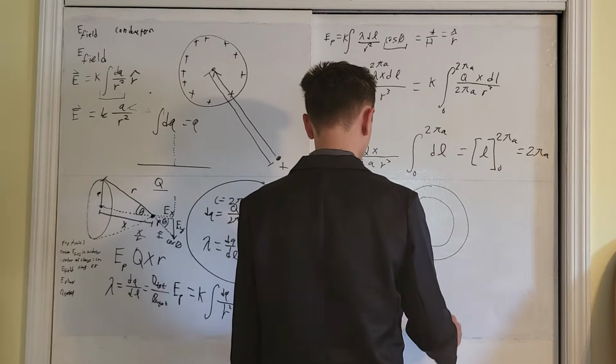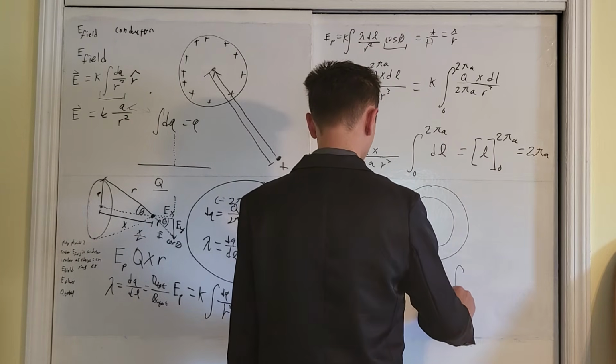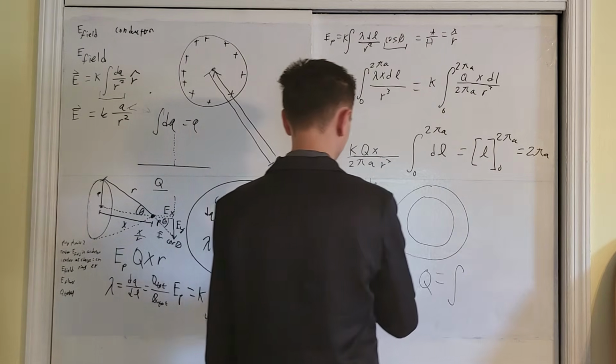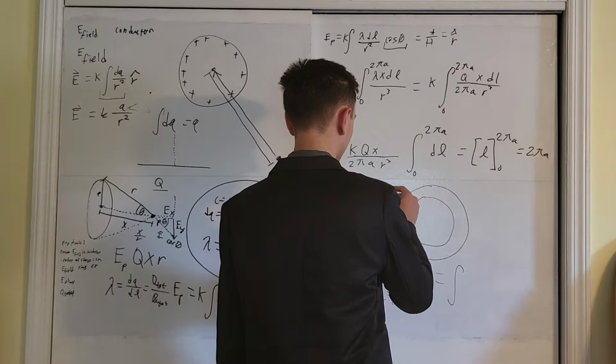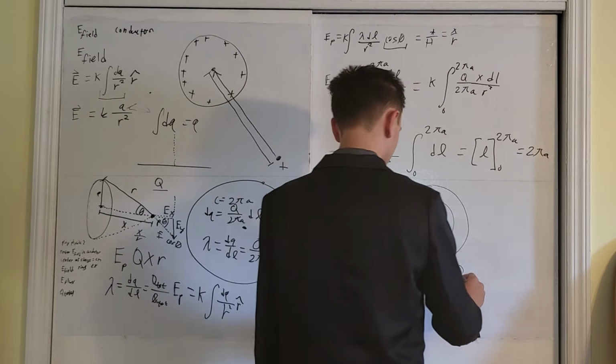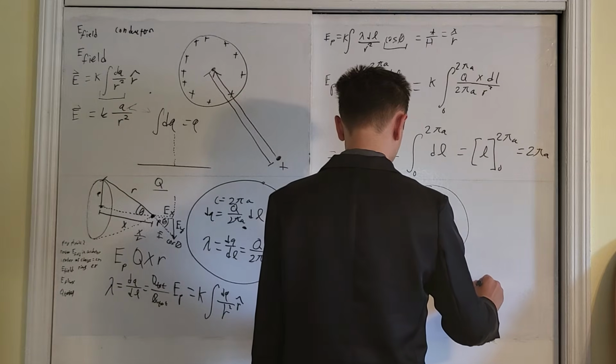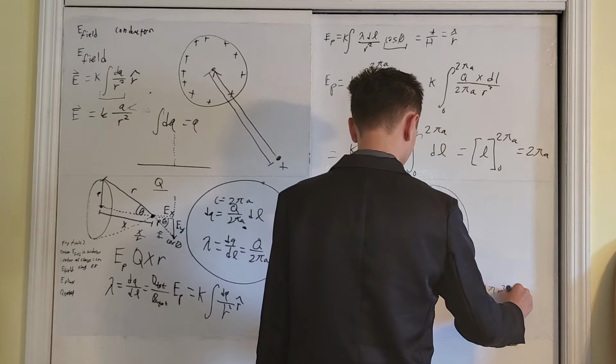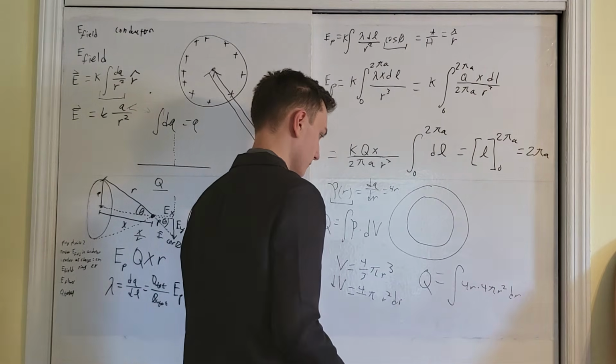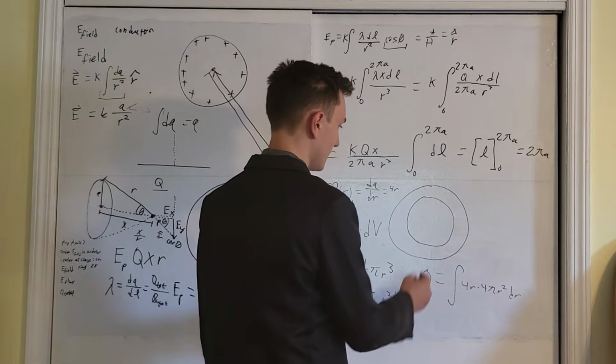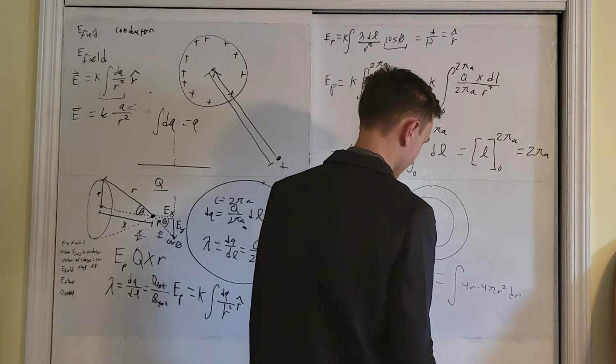Therefore, our total charge enclosed Q is going to equal the integral of our function rho, let's just call it 4r, equals 4r times 4 pi r squared dr. And that's how you find the total charge enclosed as you vary r, okay?